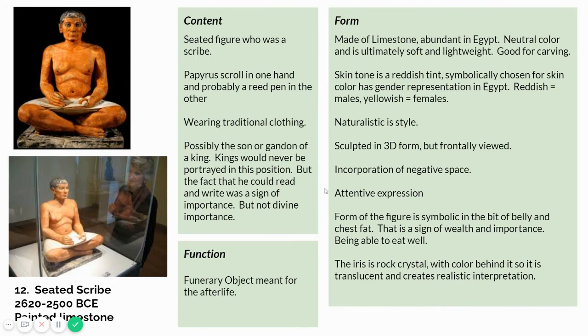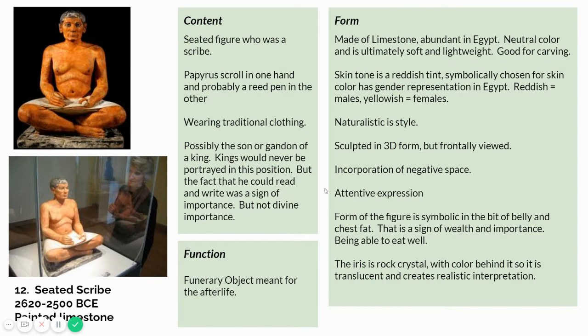Again, we have this beautiful naturalistic style, which is something new for us, something very unique for this image. Make sure you make note of that. He is sculpted in three-dimensional form, meaning you can completely walk around him.